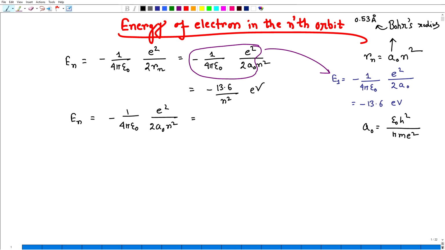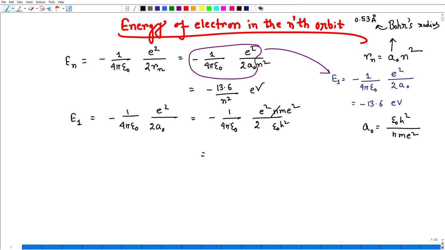If we put this expression here, we obtain e square divided by 2, with n square there, right? So n square is there, and it will be epsilon naught h square over pi m e square. Let me do it for E1 first, so there will be no n square.